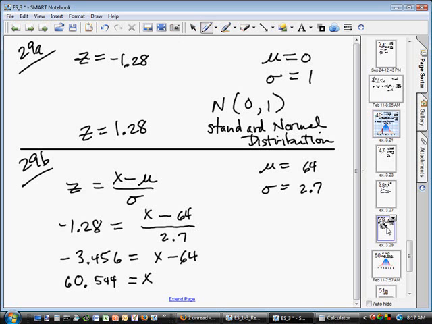So that was 29A. 29B, I started, Austin. They said, what are the deciles in this case, when this is the mean and this is the standard deviation? So all I did is take the first of these numbers, the negative 1.28, and plug it into our good old Z formula.